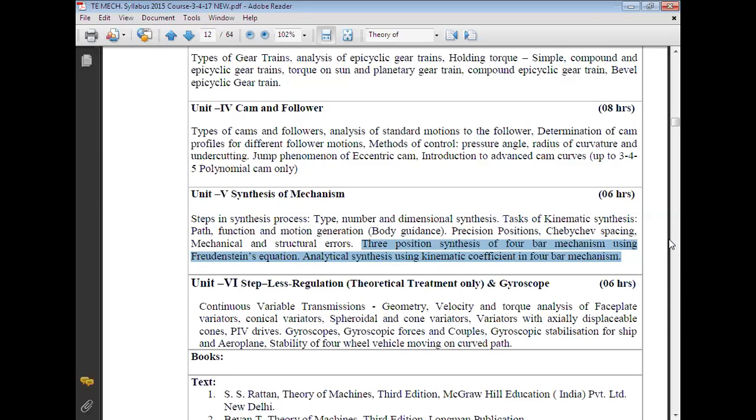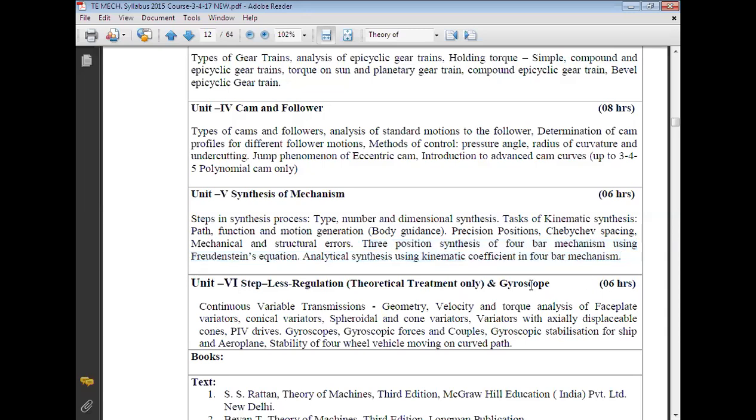So it has all three possibilities, but this is also quite a scoring unit, isn't it? So focus must be there in these units where you can score easily so that it will not affect your marks.